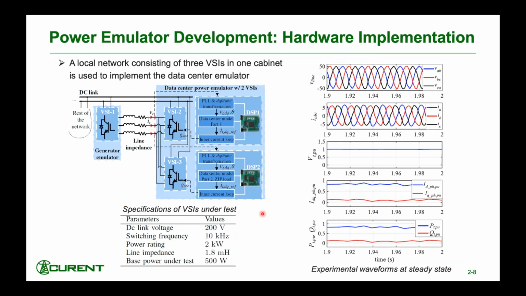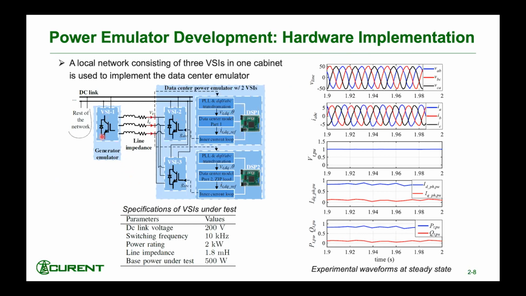So with this, the third step is to develop the model into the HTB. So in the HTB, all the interconnected power converters share the same DC bus at 200 volts, and they can be configured into different power components. So here, I used a local network consisting of 3 voltage source inverters in one cabinet to verify the power emulator.